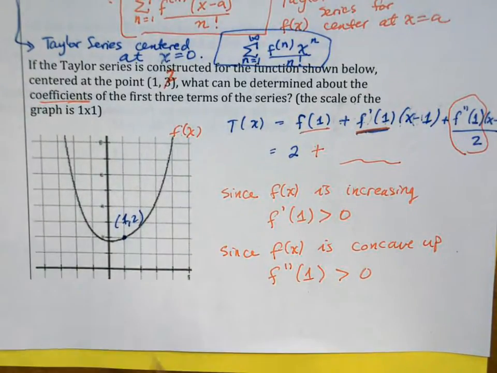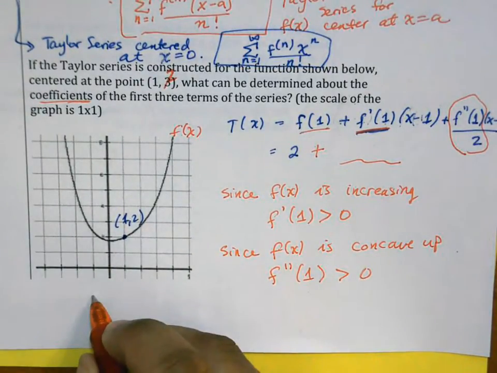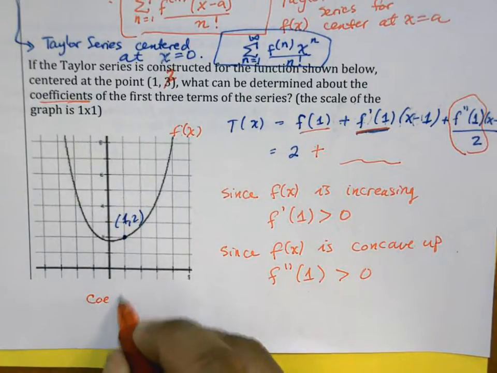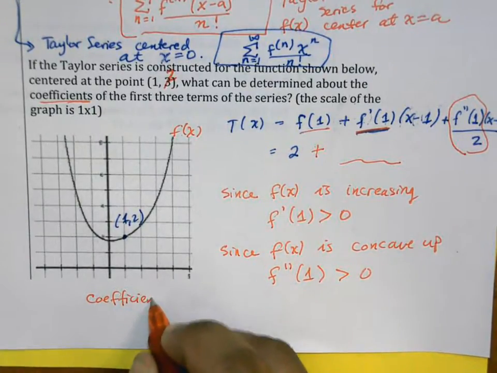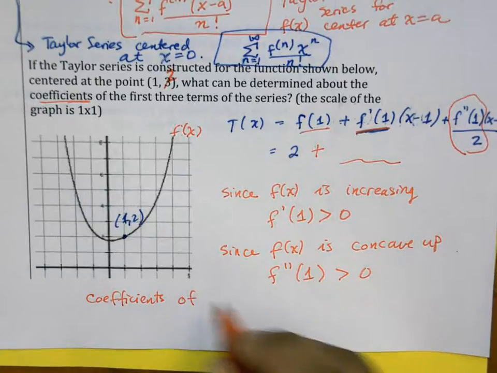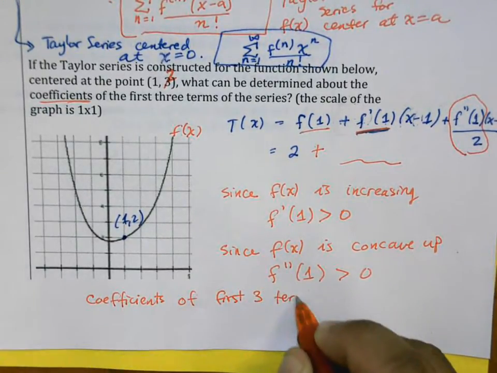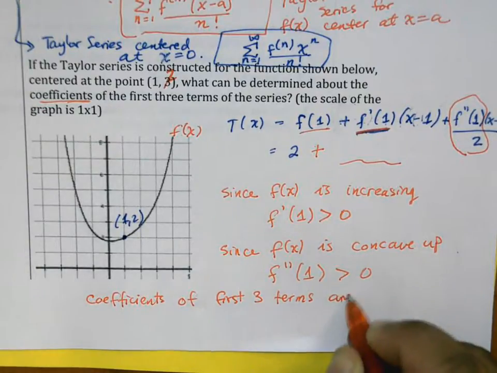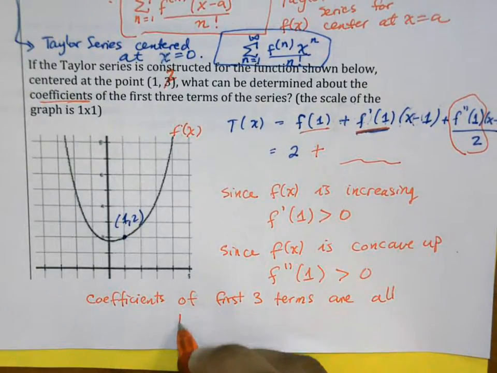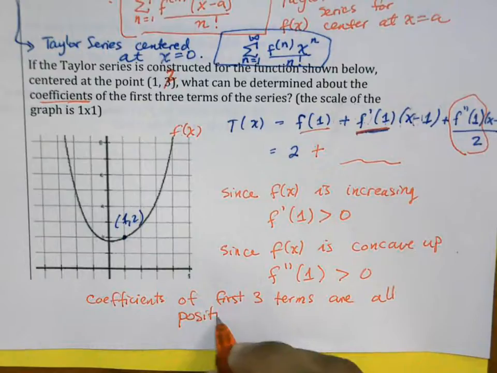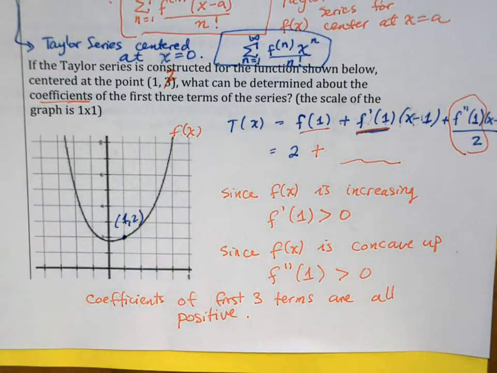So one of the things that we can say is that the coefficients of the first 3 terms are all positive. Okay? Coefficients of the first 3 terms are all positive.